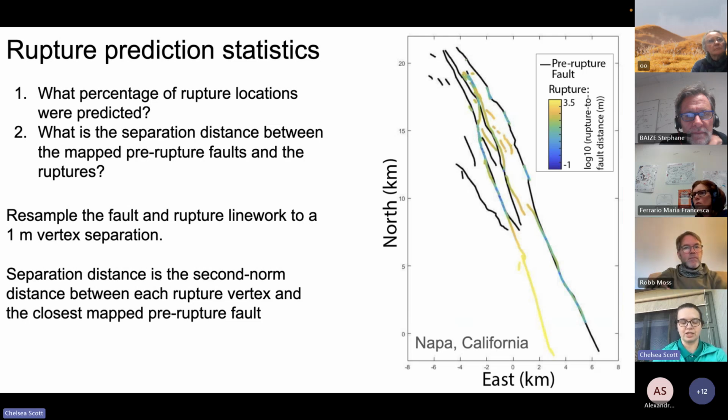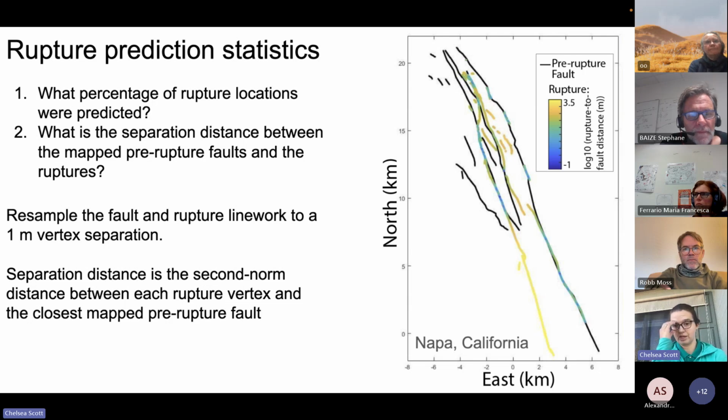So to do this analysis, we first resampled the fault and rupture line work to a 1 meter vertex separation, which essentially gave each meter length of the rupture and fault the same weight in our analysis. And then we calculated the separation distance as that second norm distance, or separation, between each rupture vertex and the closest mapped pre-rupture fault.